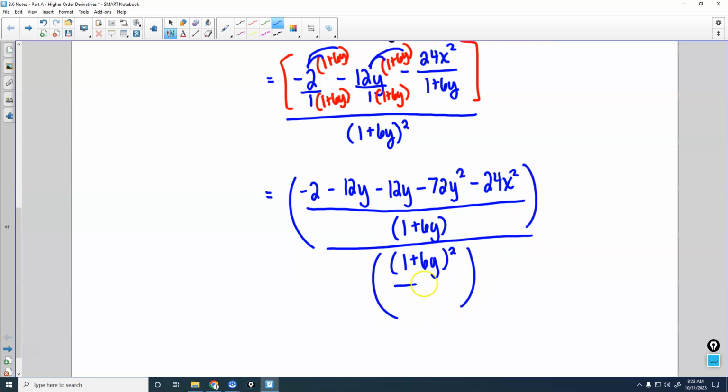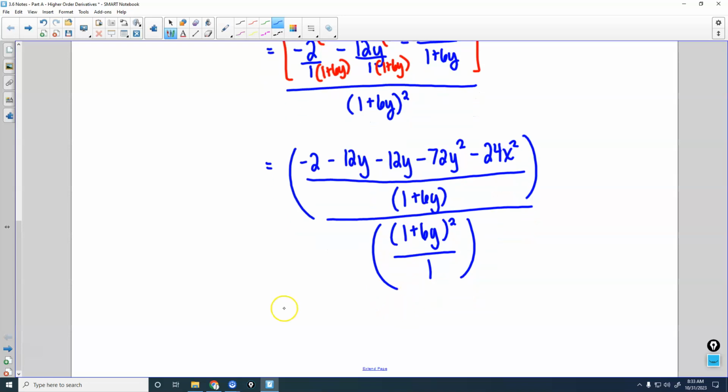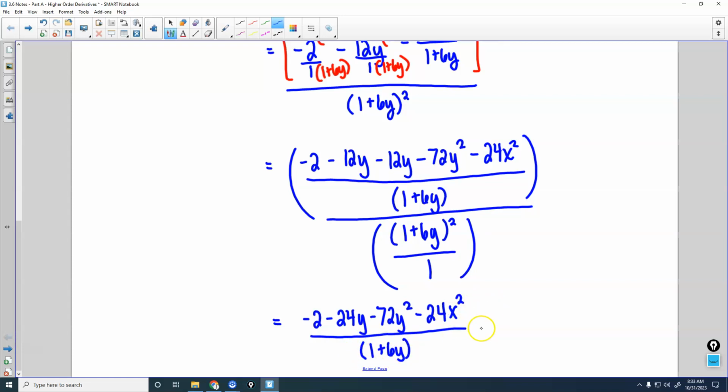This bottom fraction, we can think of this as being over 1. We've got dividing fractions, easy as pie. Flip the second and multiply. I'm also going to simplify this top just a little. I've got negative 2 minus 24y minus 72y squared minus 24x squared over 1 plus 6y, times 1 over 1 plus 6y squared.